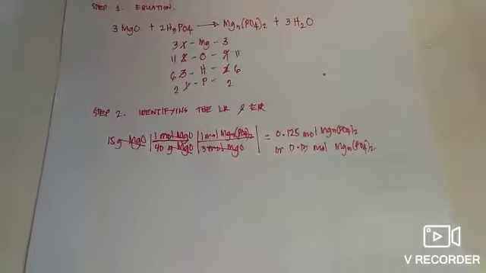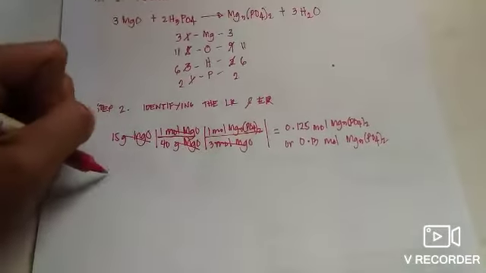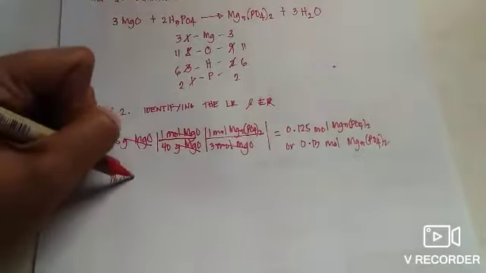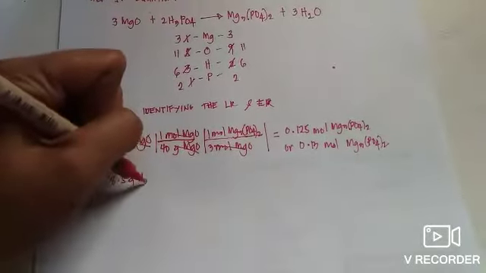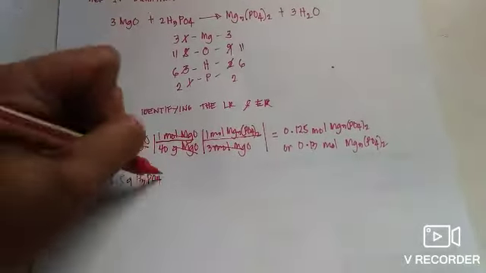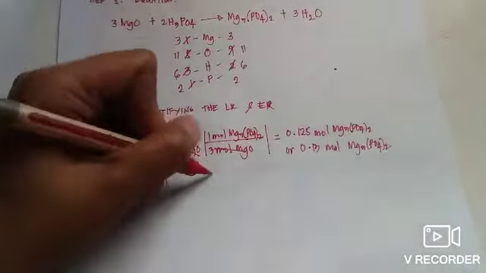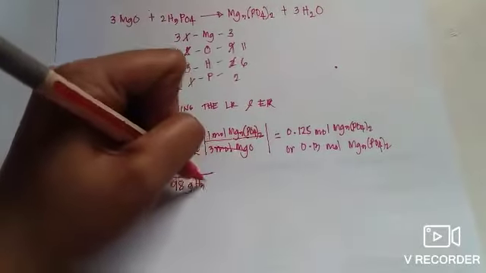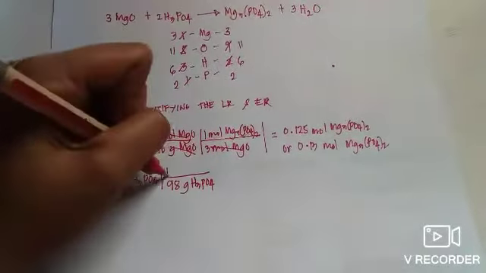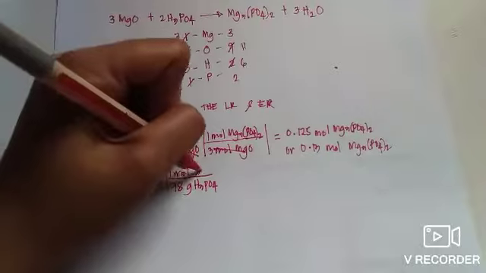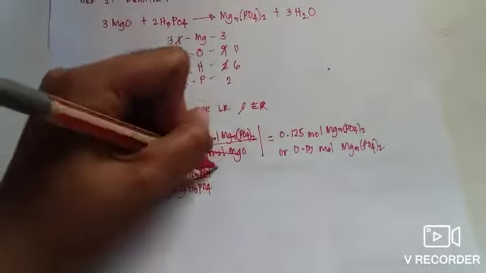The next reactant is the H3PO4. In the given, we have 18.5 grams of H3PO4. The molar mass of the given compound is 98 grams to 1 mole of H3PO4.